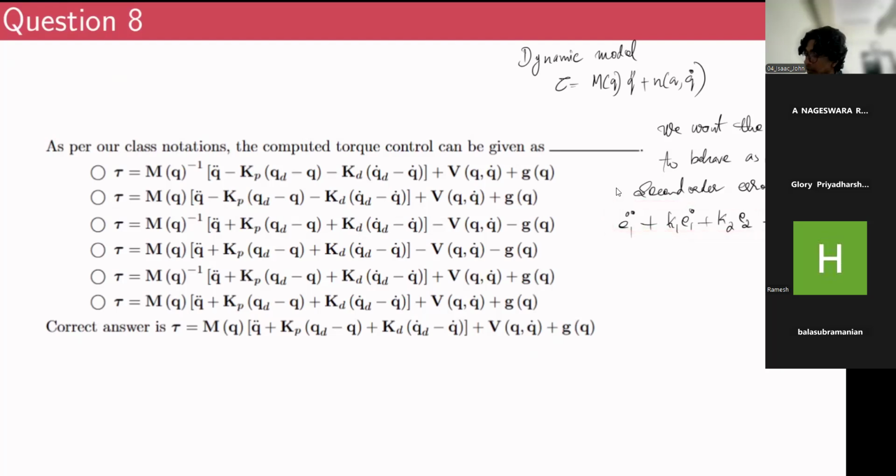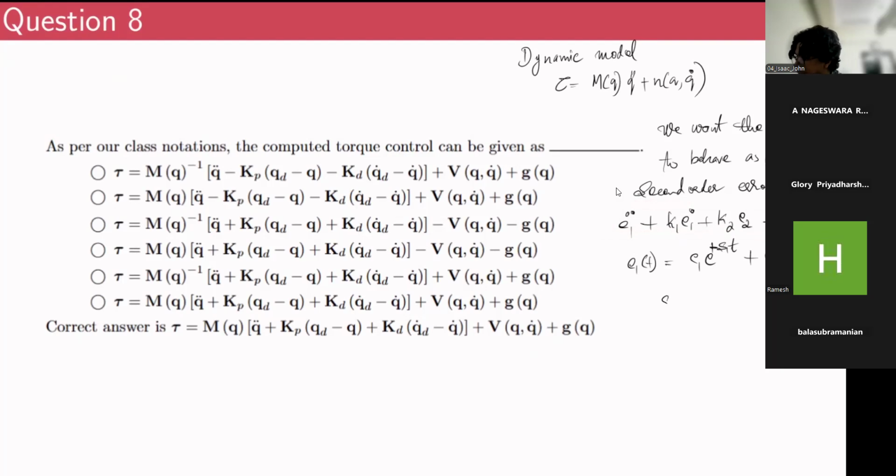The reason is that the general solution for this second order ordinary differential equation would look something like this: e(t) equals C1 e raised to S1 t plus C2 e raised to S2 t.